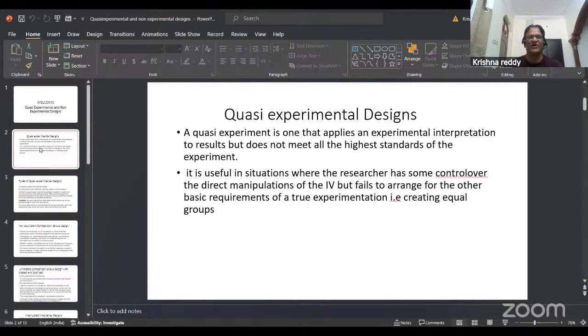That's the reason why you can call these experimental designs quasi-experimental designs, but they are not perfect. They are not full. They are not completely giving the experimental results, but there should be some kind of error with quasi-experimental designs when you compare them with true experimental designs.